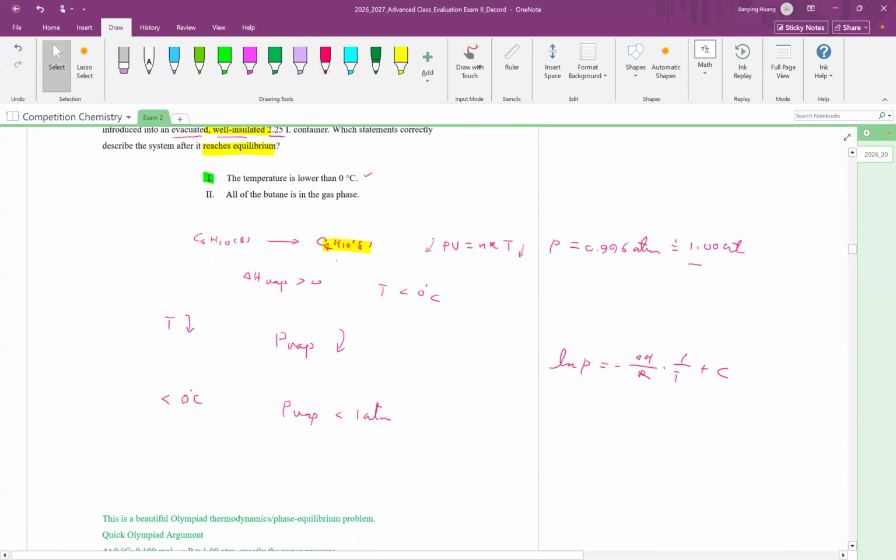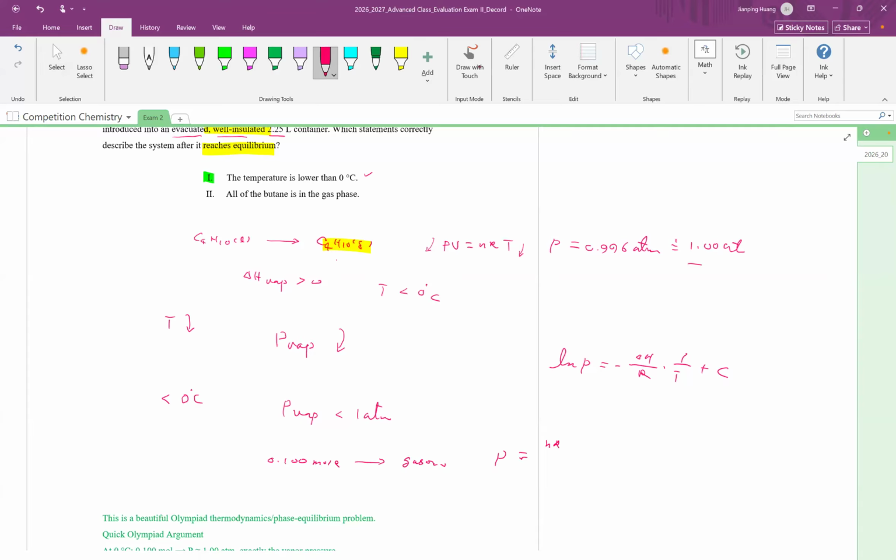If we assume 0.100 mole is a gas, then P equals nRT divided by V, which would be slightly less than 1 atm when T is 273 K. Right?